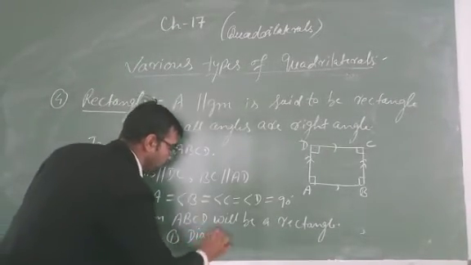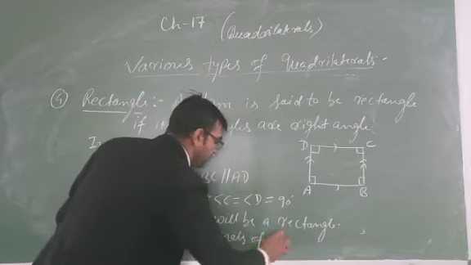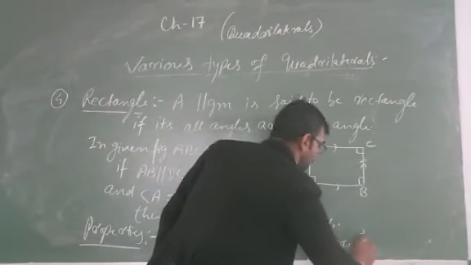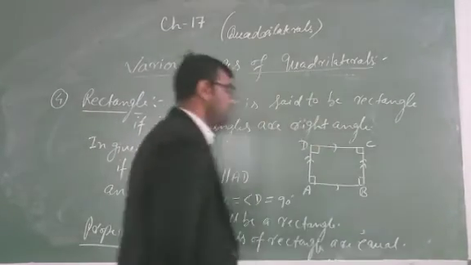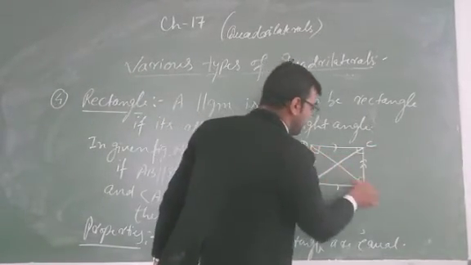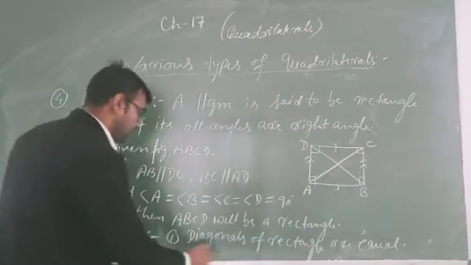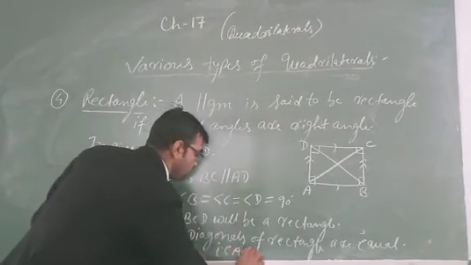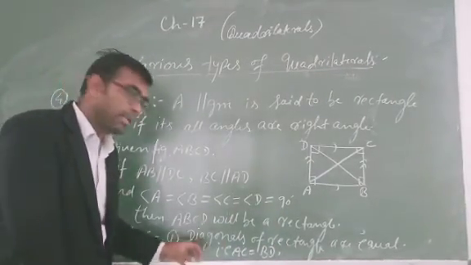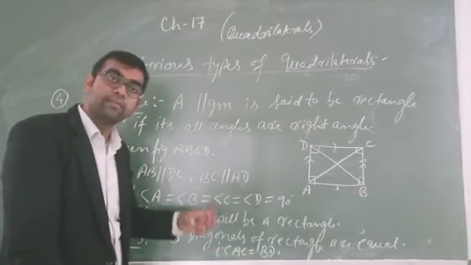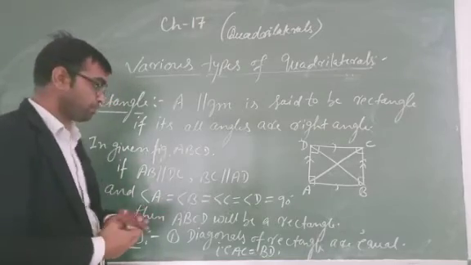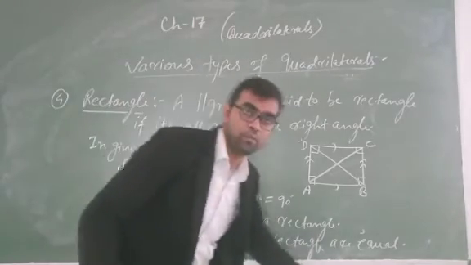Diagonals of a rectangle are equal means AC and BD are equal, that is AC is equal to BD. So we learned 4 types of quadrilaterals.